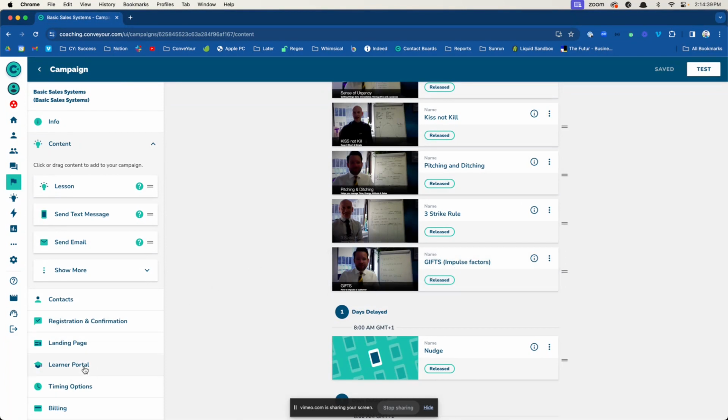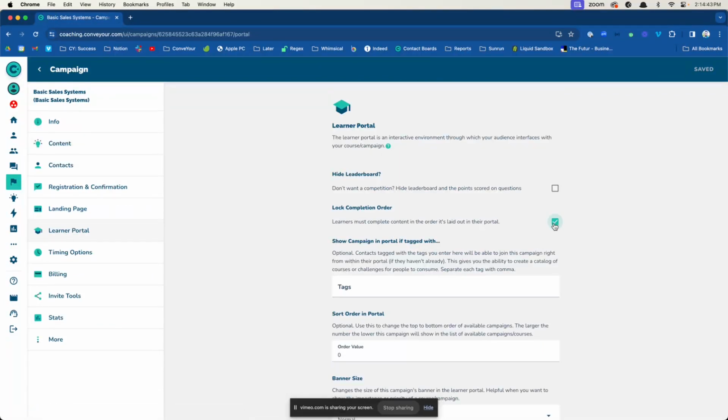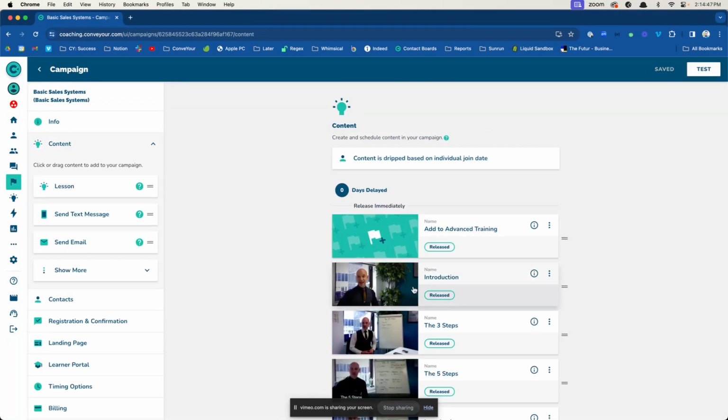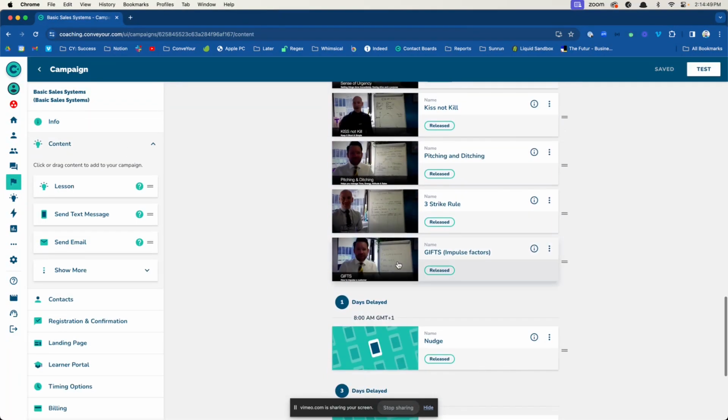If we navigate over to Learner Portal, you're going to see that they have the order locked. That means nobody can ever get to Gifts at the bottom unless they've finished everything else. So if somebody finishes this lesson right here, then they have finished everything, and so they are complete.